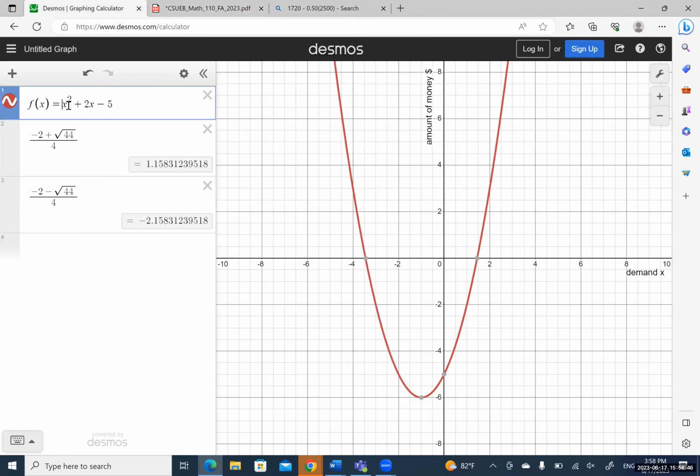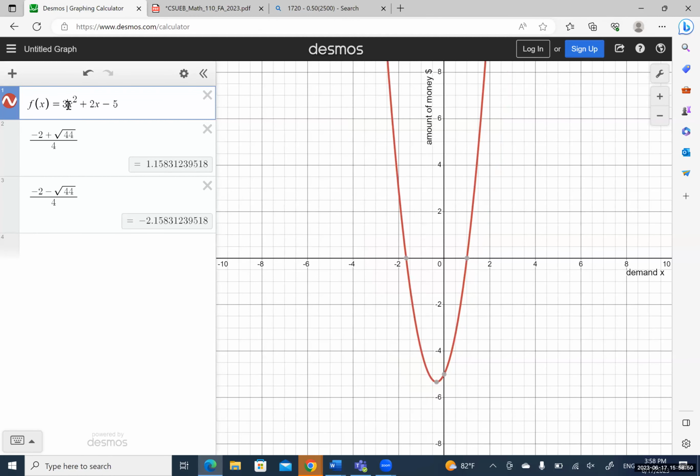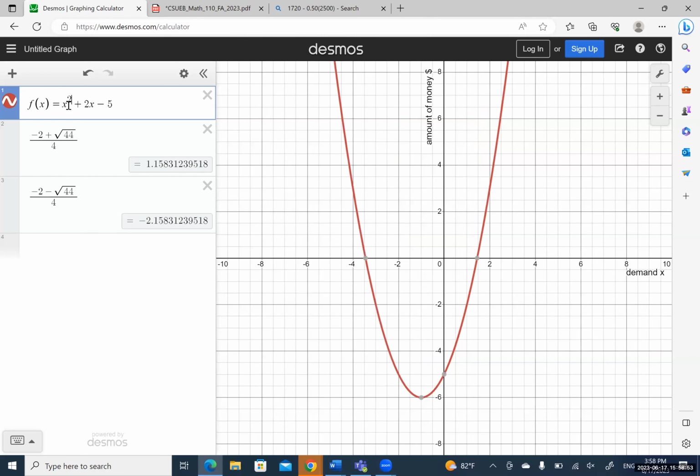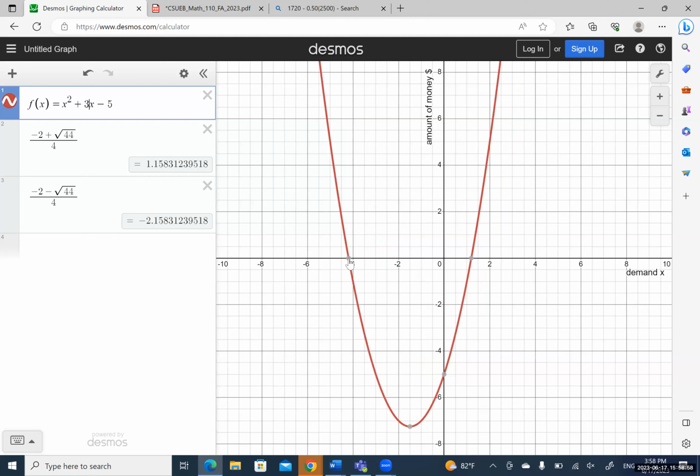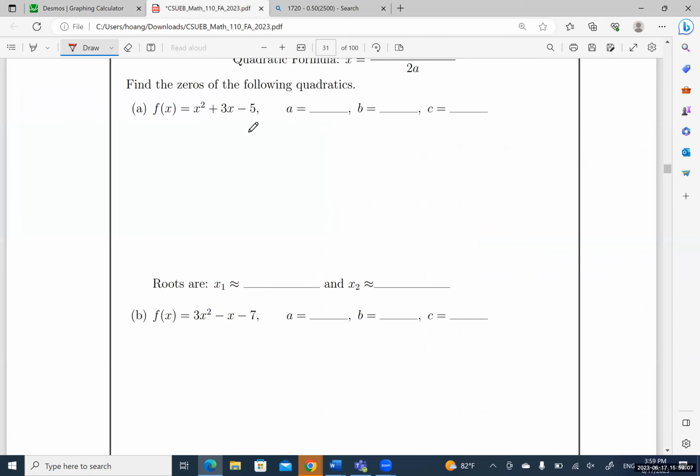So I have x squared plus 3x minus 5, and the answers are -4.193 and 1.193, approximately. You can try that, okay?